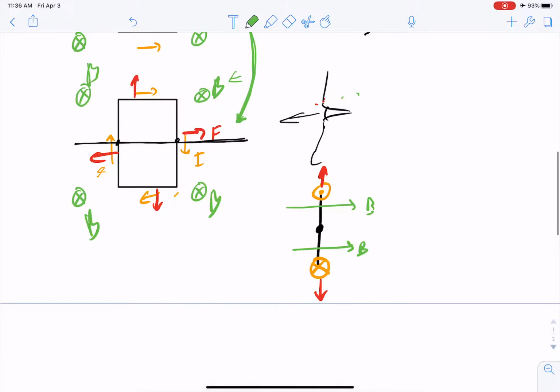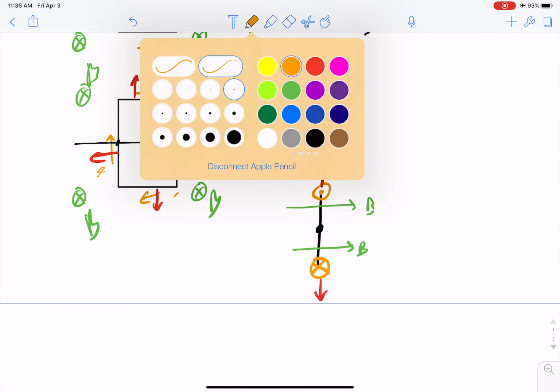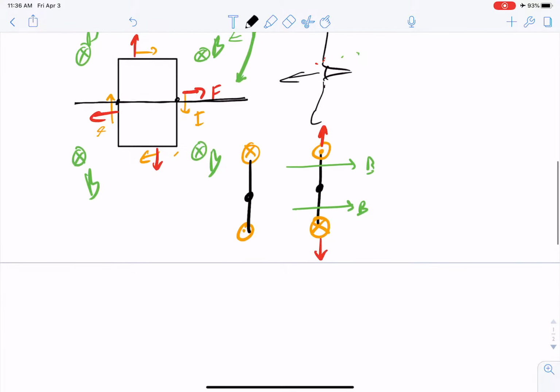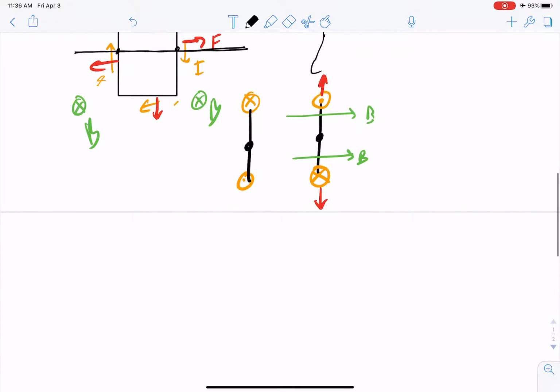So what we've drawn is this final position, but it started like this. And in between, we had all the other angles. It could rotate either way because it's an unstable equilibrium. It depends on which way it starts. So let's suppose it's going to go clockwise.